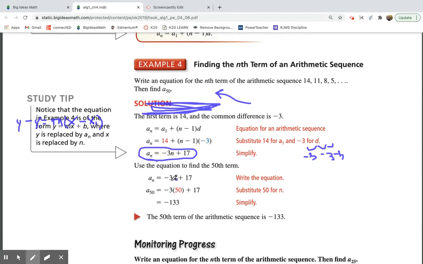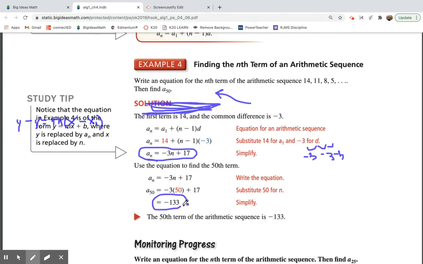And we're just going to plug 50 in for n, which means the term. So I just replace that. That means negative 3 times n, so negative 3 times 50. When we do that, let's see, 50, 100, that's negative 150. Then plus 17 is negative 133.